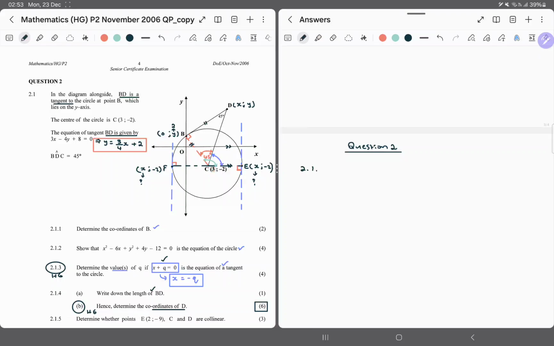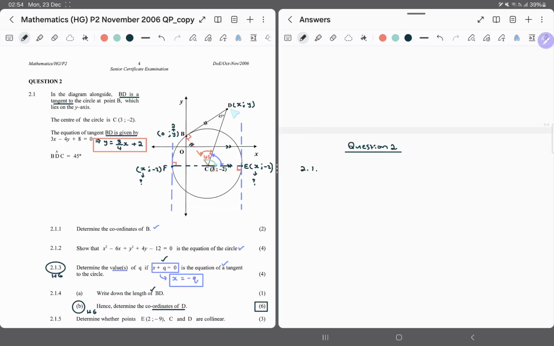So we can see that this equation will have x and y, but this x and y is still very much a part of BD. So we can use the equation of BD simultaneously with that of the line DC, essentially.